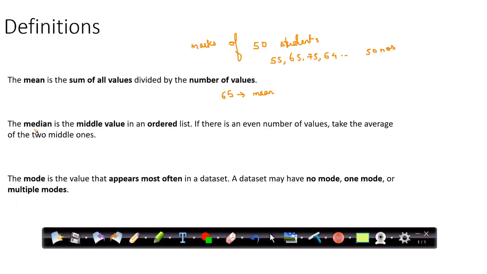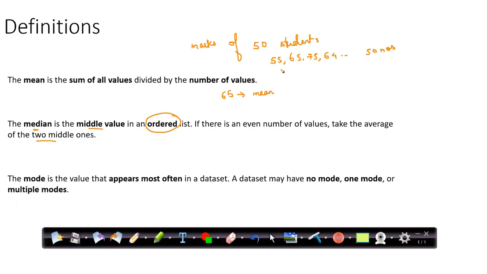Median, as the name suggests, is the middle value in the ordered list. This word is very important. You need to first sort your data in ascending order so that you have an ordered list, and then you find the middle value. If there are two middle values, you'll just take an average of them, and if you have one middle value, then that's your median.